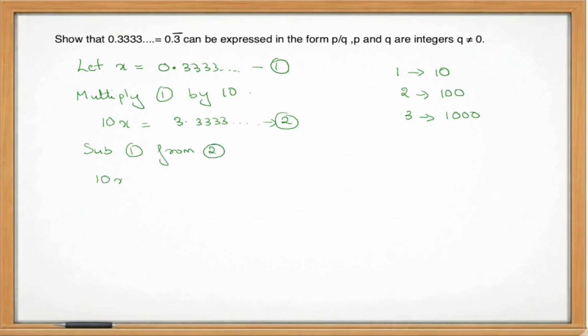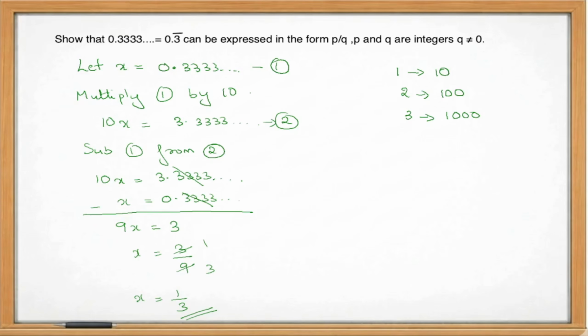So 10x is equal to 3.3333 etc. Then x equal to 0.333 etc. Then you subtract it, you will get 9x is equal to, this part will get cut, and we write equal to 3. Therefore, x is equal to 3 by 9, and when you do cancellation, this will become x is equal to 1 by 3. So this is our answer.